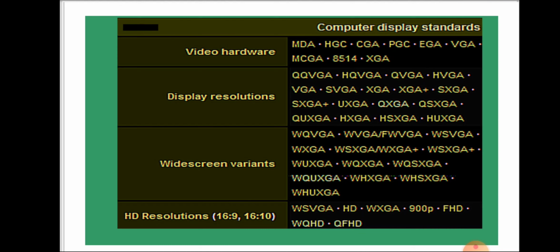These are different types of computer display standards that are present. There are different standards for video hardware, display resolutions, widescreen variants and HD resolution. These are the standards which are followed.